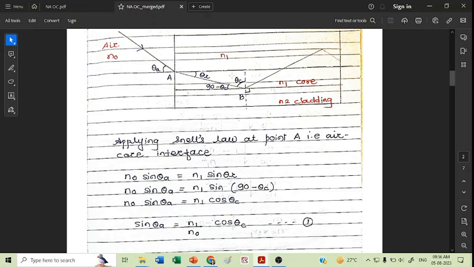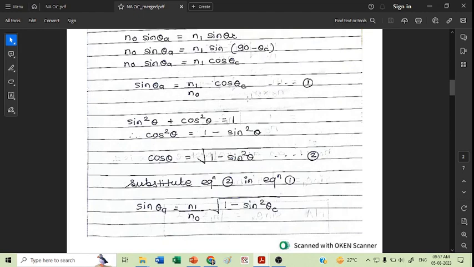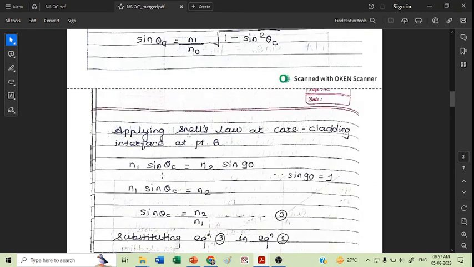So the equation is n1 sin theta c is equal to n2 sin 90. As we know that sin 90 is equal to 1, so n1 sin theta c is equal to n2. So sin theta c is equal to n2 upon n1. Let us call this equation number 3.